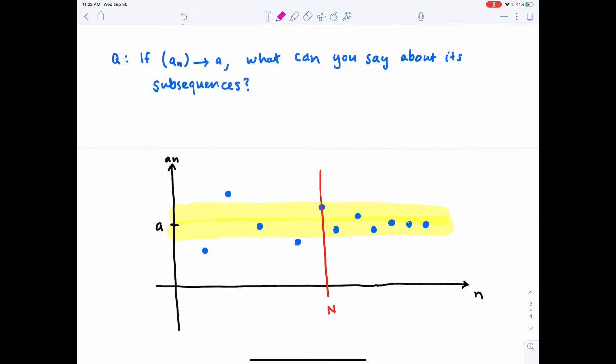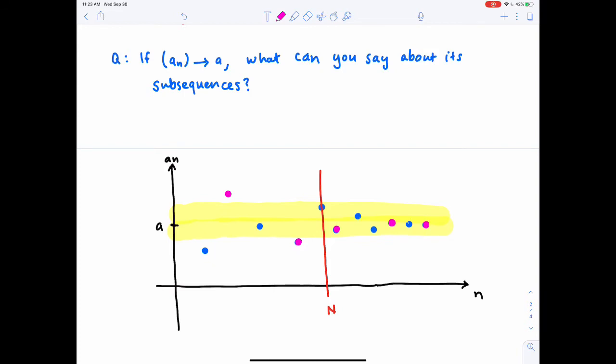And I want to take a look at a subsequence of what I've given here. Well, a subsequence is just saying go through and highlight points on your sequence graph and put them in your subsequence, and just make sure that you have infinitely many of them so that you've created a sequence. So I'm just going to go down the line and randomly pick values. Maybe I'll pick every other one, doesn't matter. So maybe I'll skip this one and pick that one.